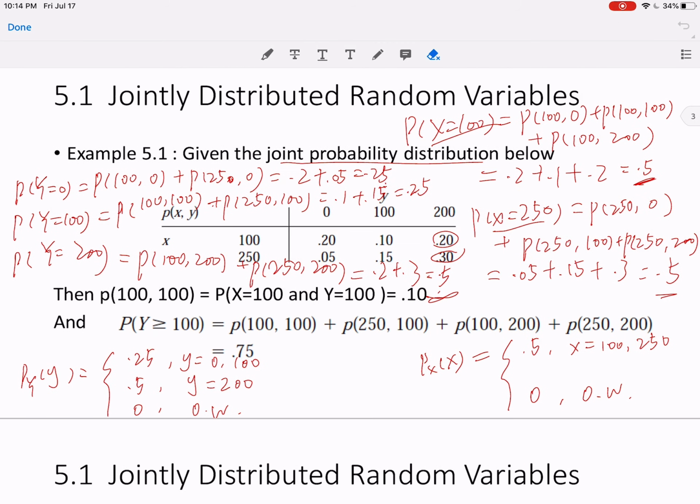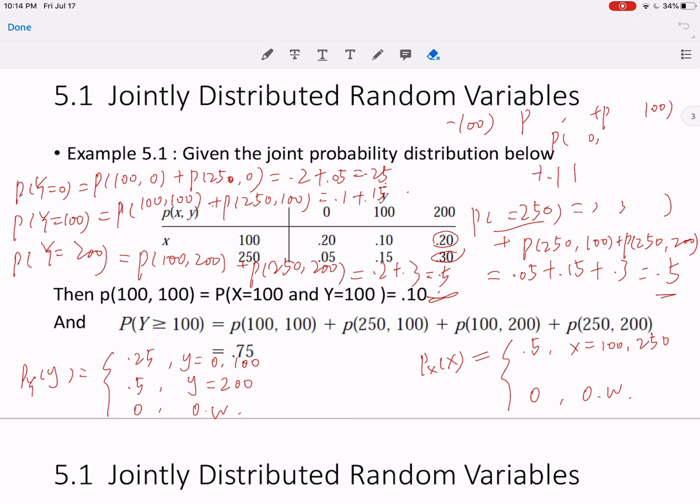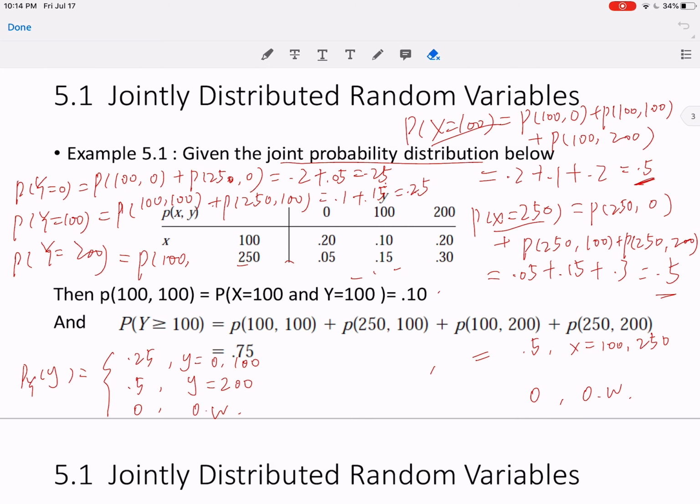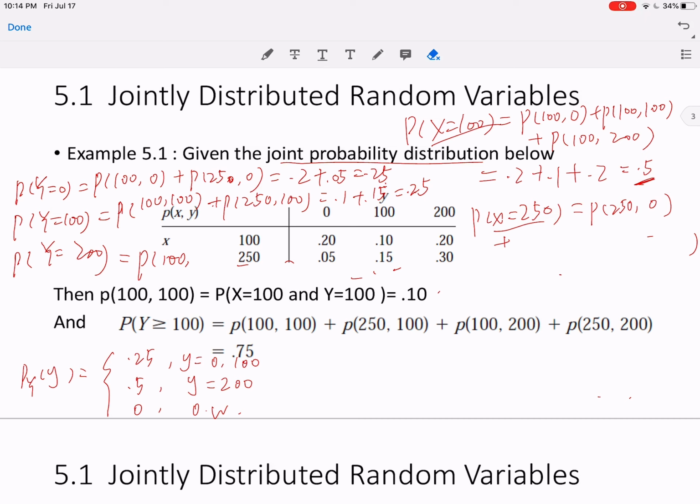Let me clean this up real quick. Based on the definition we just went over, if they're independent, the joint PMF is going to be equal to P sub X of x times P sub Y of y, right?